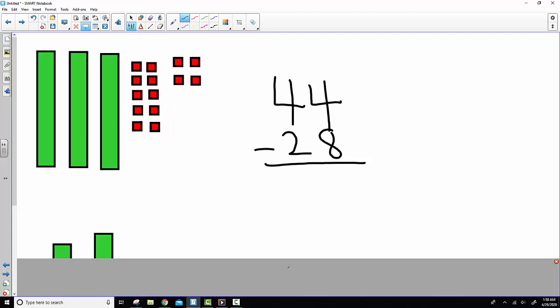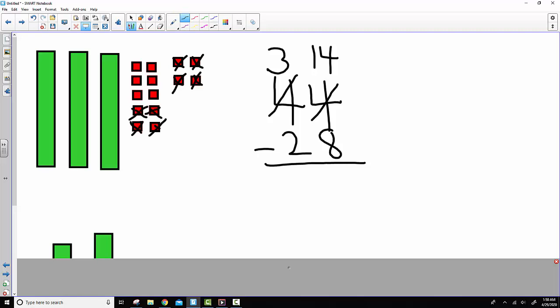So let's catch up with our algorithm. We've exchanged one of the tens for 10 ones. We already have 4 ones, so 10 plus 4 would be now 14 ones. 14 ones subtracting 8 ones. We can subtract off 4, 5, 6, 7, 8.